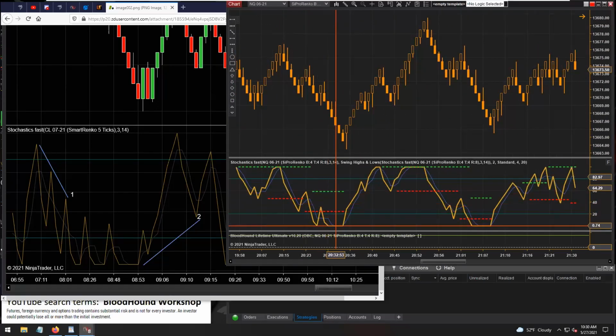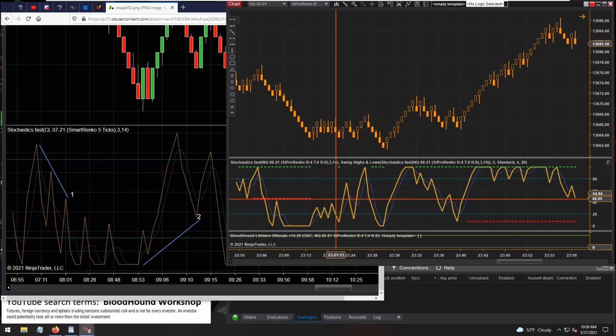One thing I noticed is that the swing highs and lows is not detecting these low points here. When the stochastics is at the 0 value, the swing highs lows is not working. It is working when the indicator is maxed out at 100.